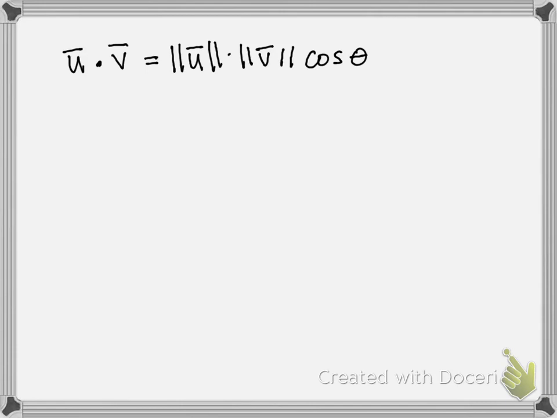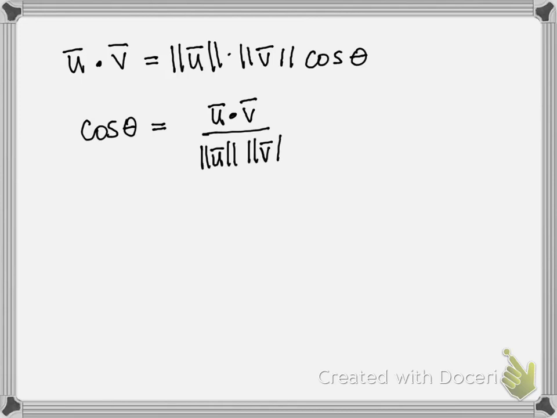Of course, cosine theta equals u dot v over norm u, norm v. And then just taking arc cosine of both sides allows me to find the angle theta.